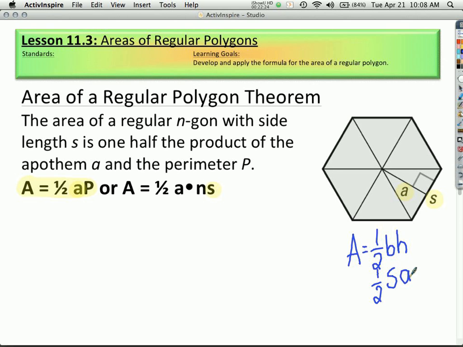Once we find the area of this one triangle right here, we just multiply it by how many triangles there are. 1, 2, 3, 4, 5, 6. Multiply that result times the number of sides, and you would get the area of the polygon. So it's not some magical made-up formula. It actually is the formula for the area of a triangle, just times the number of triangles there are.